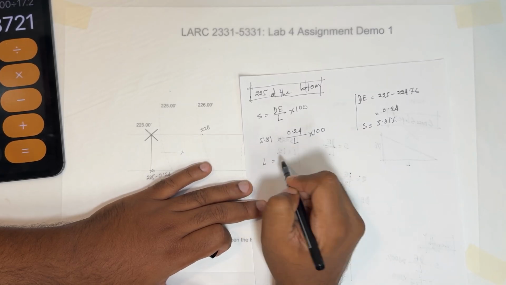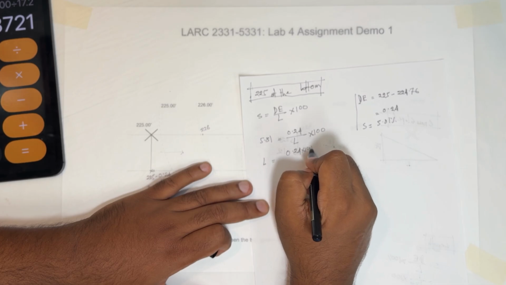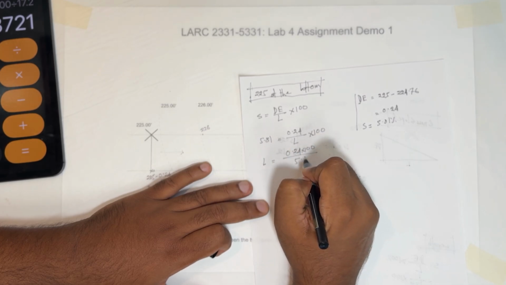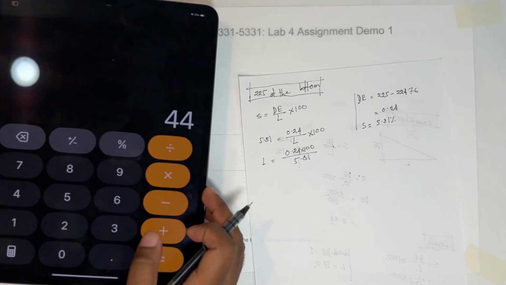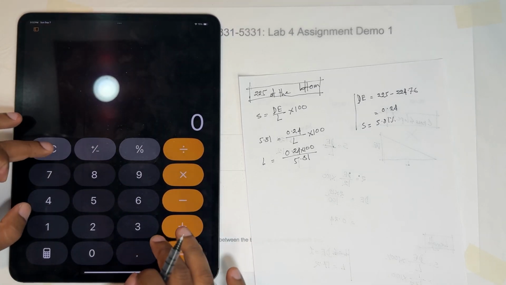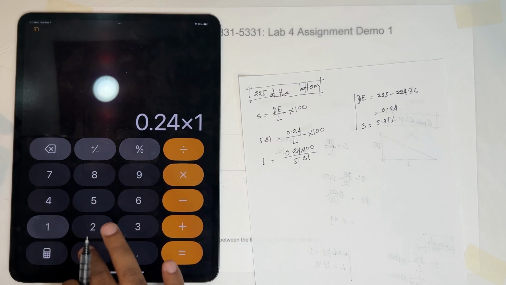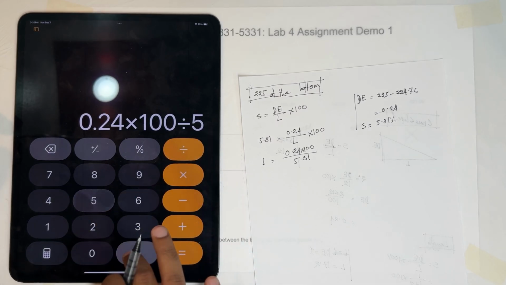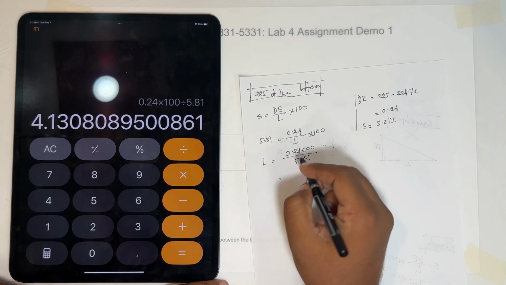Therefore, L equals 0.24 into 100 divided by 5.81. Let's calculate that. So that is 4.13.